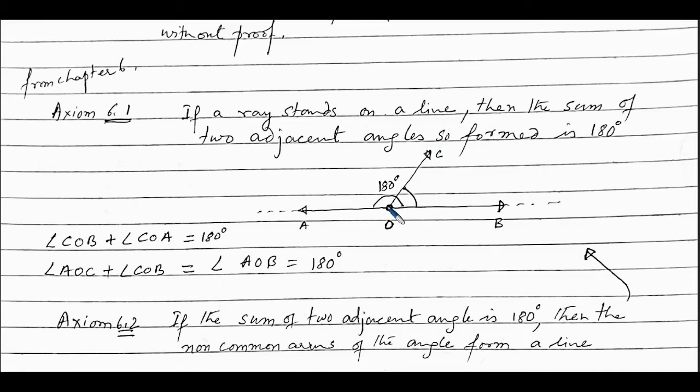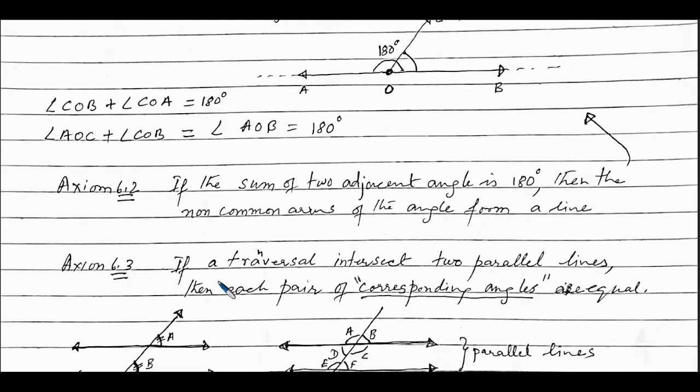We showed that if this ray stands on a line, then this angle plus this angle is always 180 degrees. Like I can say angle COB plus angle COA is 180 degrees. Or I can say angle AOB is 180, straight.